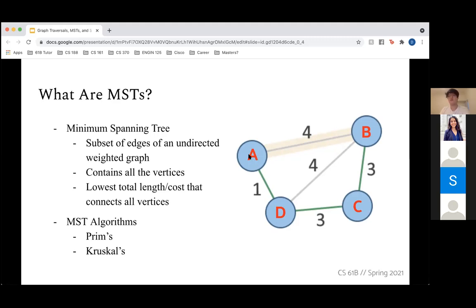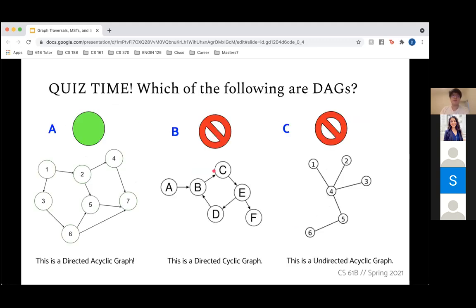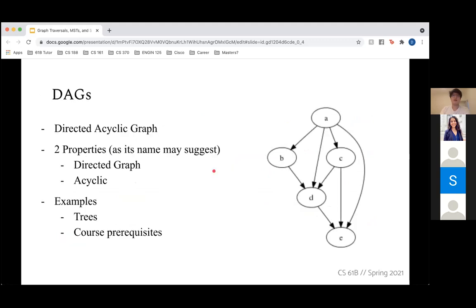We can go from A to D or D to A. But for our directed acyclic graphs, we have an edge denoted with an arrow, meaning that we can go from vertex A to B, but we cannot go from vertex B to A because it is directed from A to B.